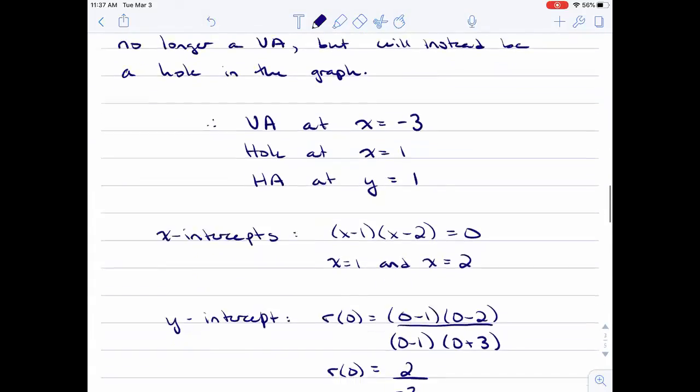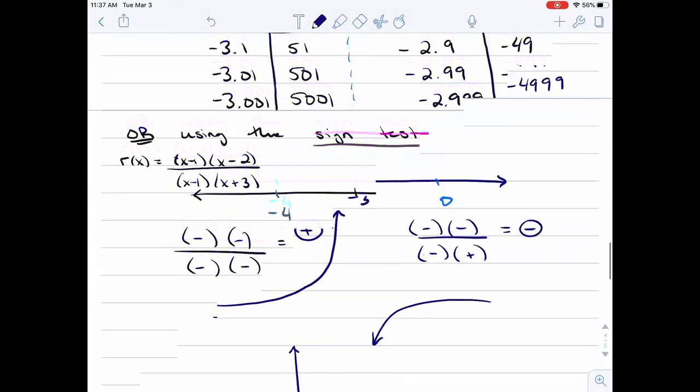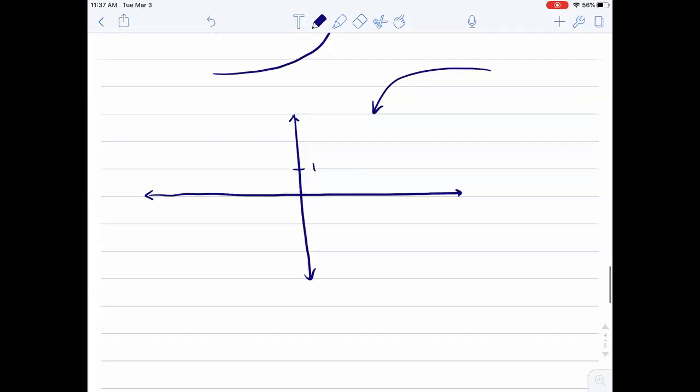A vertical asymptote at -3, a hole at x equals 1, and a horizontal asymptote at y equals 1. So here we're at 1, -1, -2, -3. We decided we have a vertical asymptote at -3 and a horizontal asymptote at 1, and a hole at x equals 1.